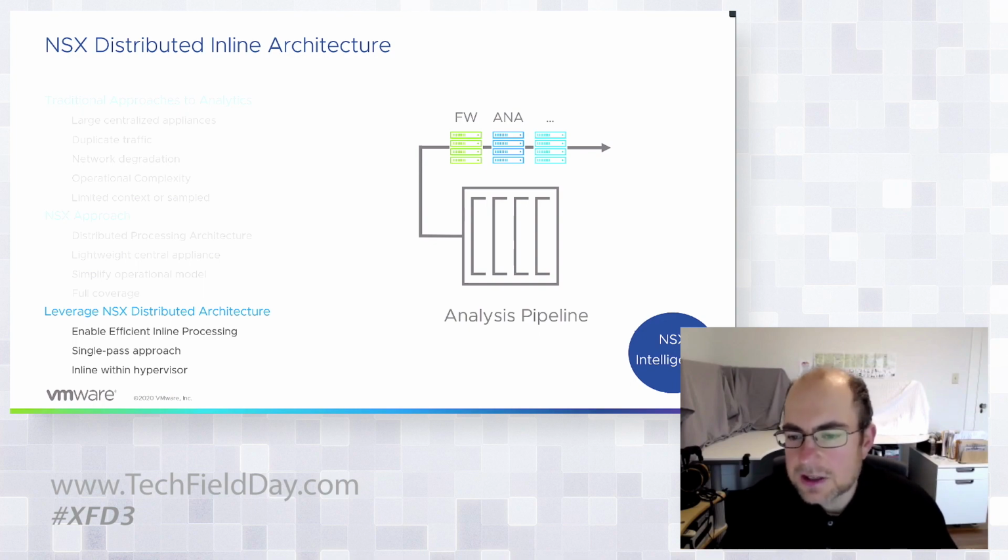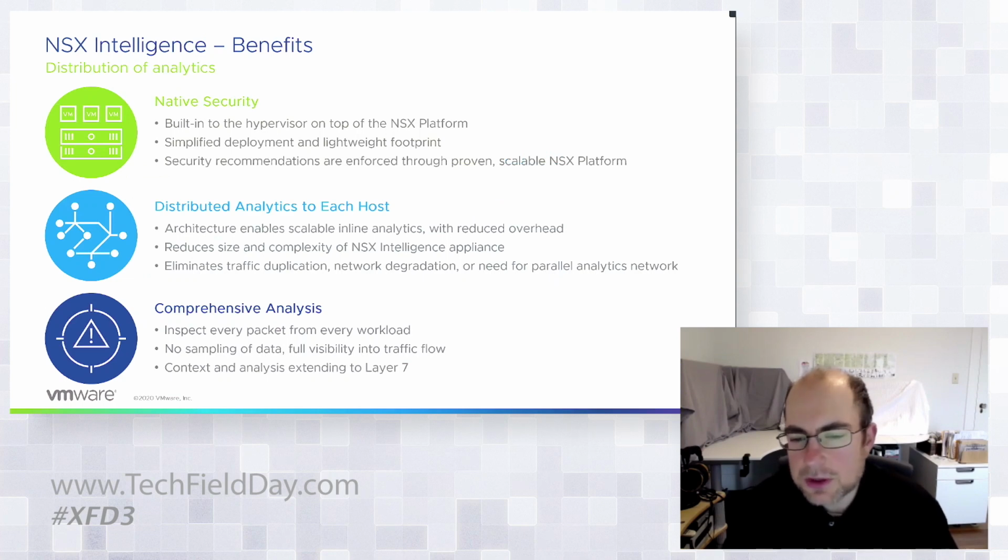And obviously it scales with the compute and the resources in your infrastructure, and we only need to apply this processing to the workloads running on a given host. So we think this fundamentally better model of distribution can also apply to the realm of analytics.